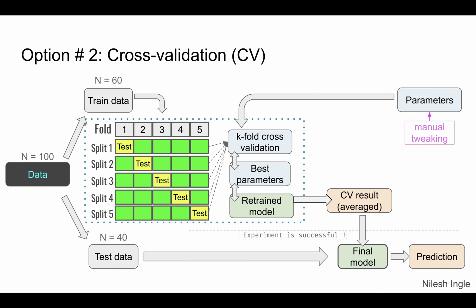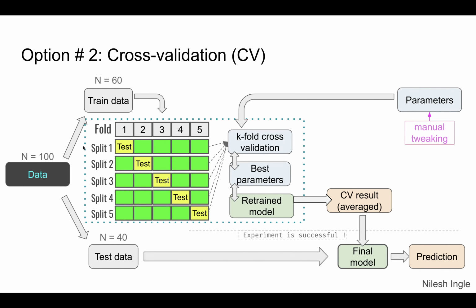And so to counter that, there is yet another method which is called cross validation, or CV for short. One of the advantages of using this cross validation method is that there is no need to put a separate validation data set aside for training a model.